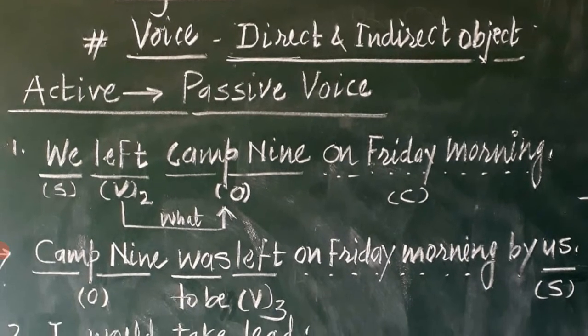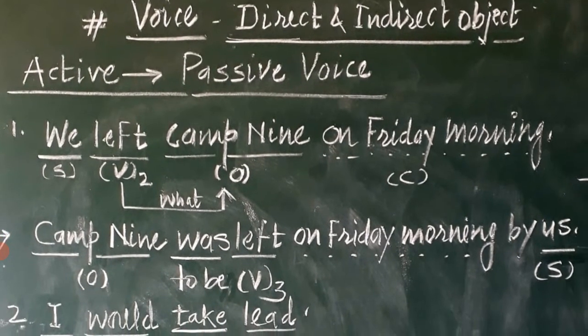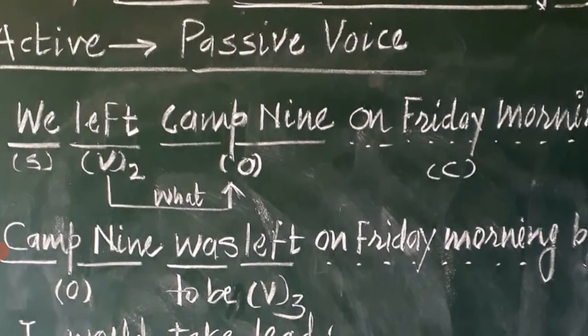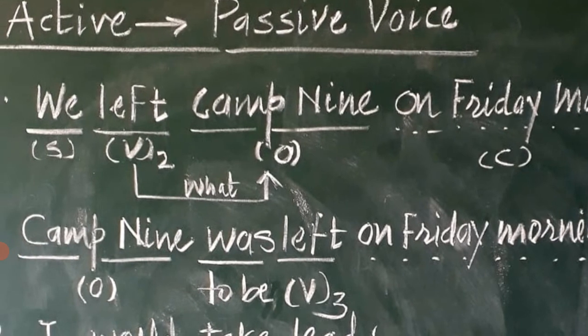The passive form of the same sentence: as we know, the rule is to put the object in place of the subject. So camp 9 is written first, afterwards keeping the sentence's tense in view. Since we see subject plus V2, the sentence belongs to simple past tense.